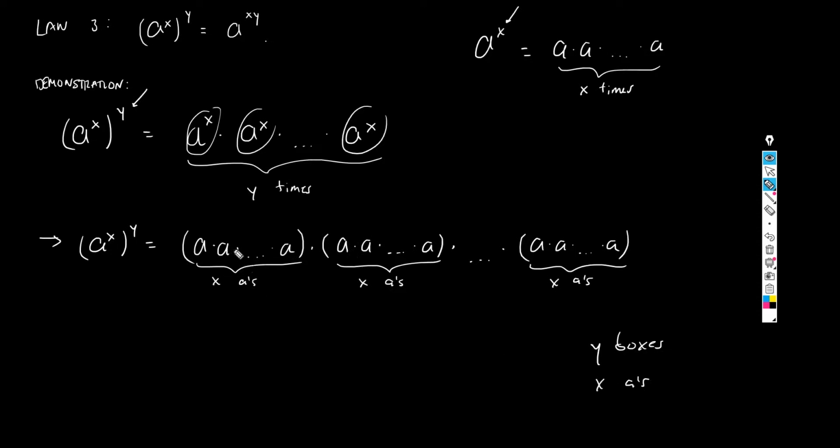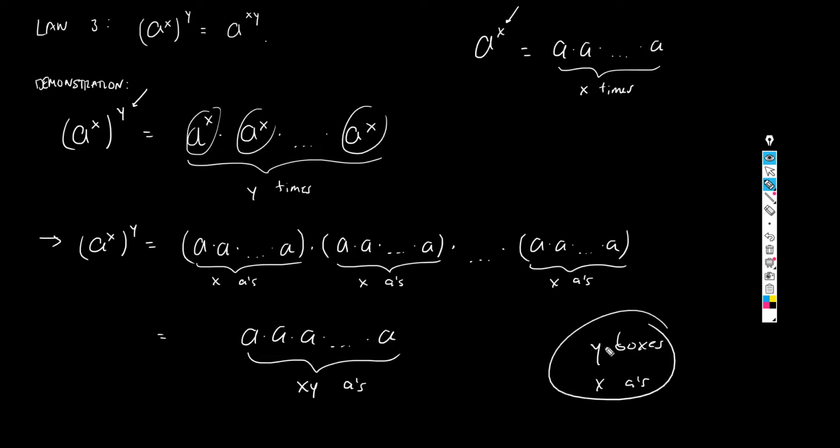Can you see? So each of which contains x a's. So if I can see, guys, all of this line is basically just a's multiplying one another. A times a times a times a times a, blah blah blah. There are so many a's multiplying one another. And how many a's do I have in total? If I have y boxes and each of which has x a's, then in total, how many a's do I have multiplying one another? I have x times y a's.